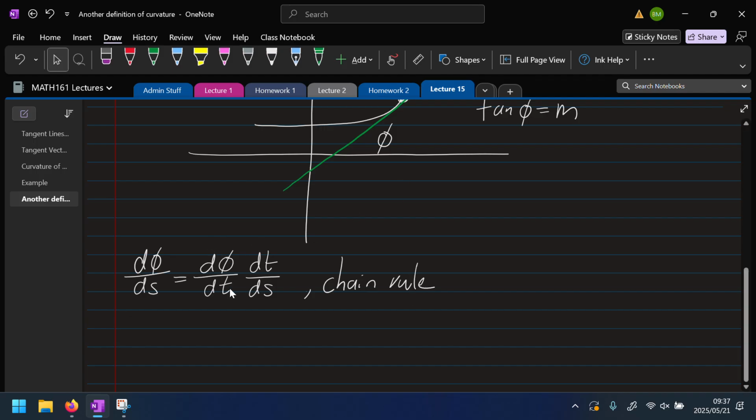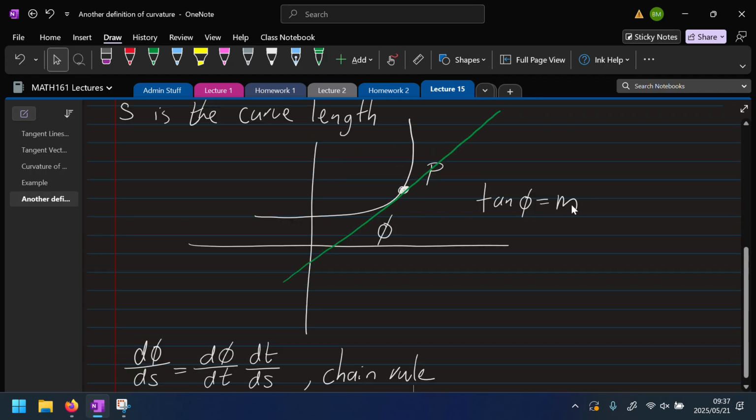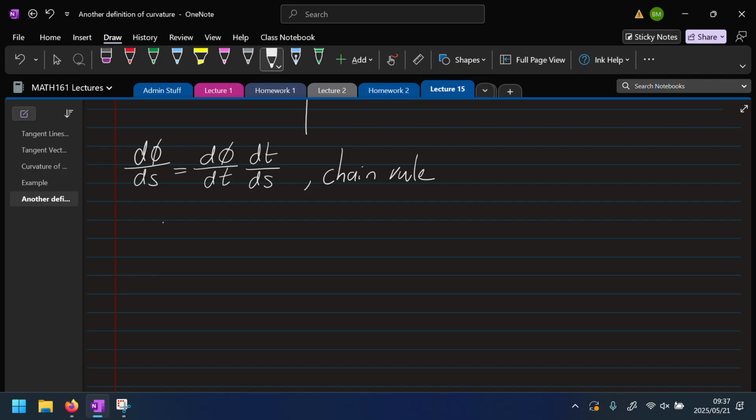So d phi by dt, what do we do? Well, we know that tan phi is the gradient, and we know how to find the gradient. We did that at the beginning of the lesson. The gradient is y dot over x dot, from way in the beginning. Here we want d phi by dt, but currently we've got tan phi.